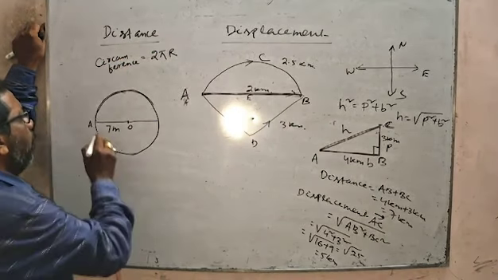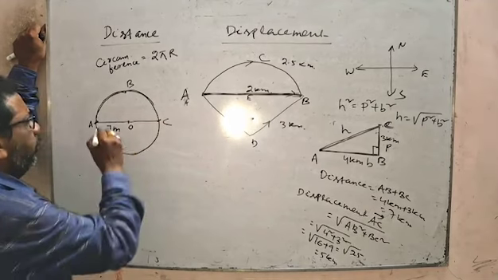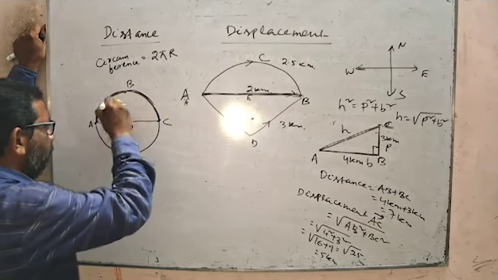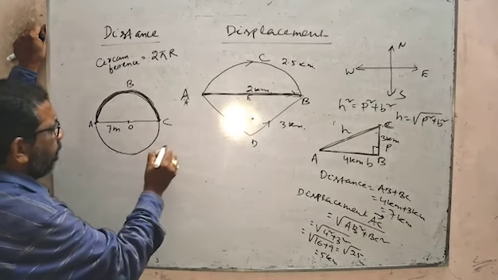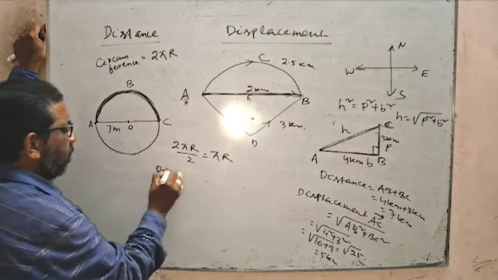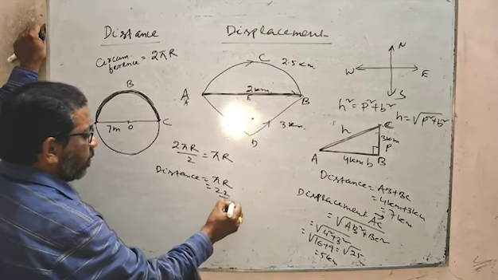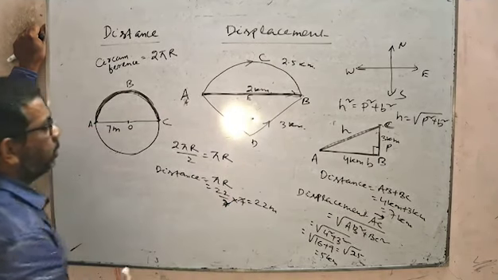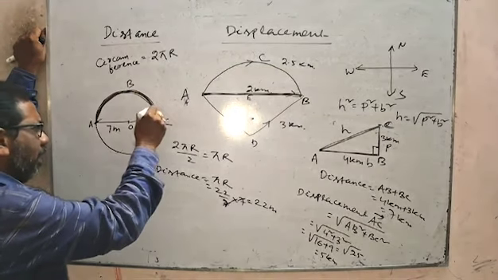Let a body start from A, go through B and reach C. What distance does it cover?